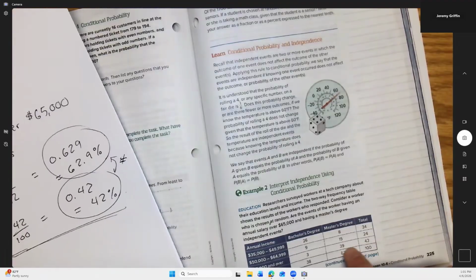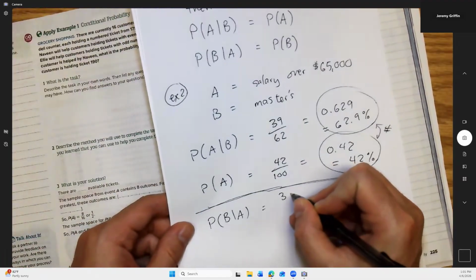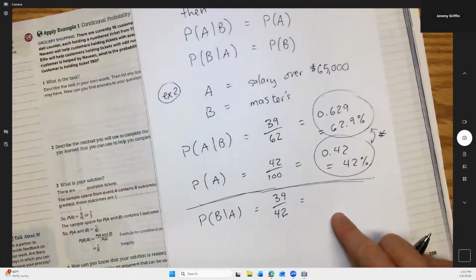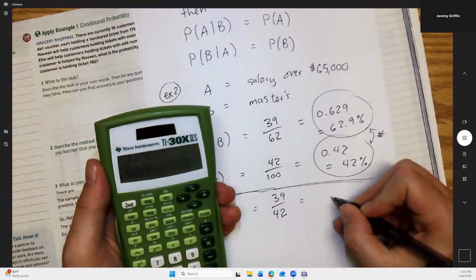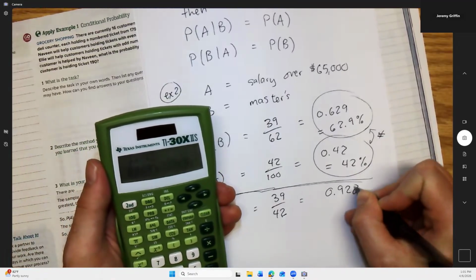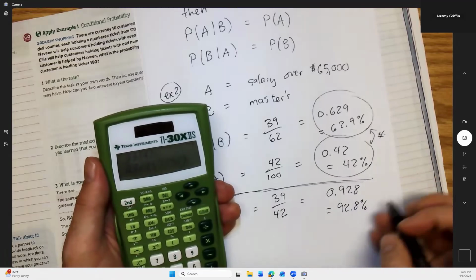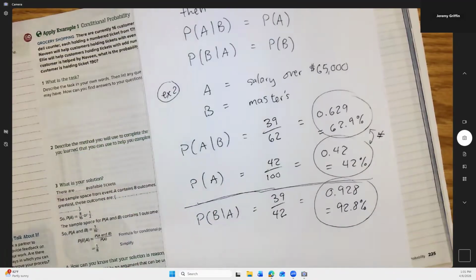So 39 out of the 42 people with a high salary have the master's. So this is 39 out of 42, right? Which is almost everybody that has the high salary would have a master's. I'll call it 0.928 or 92.8%. Okay. So over 90% of the high salaries are people who have master's degrees.